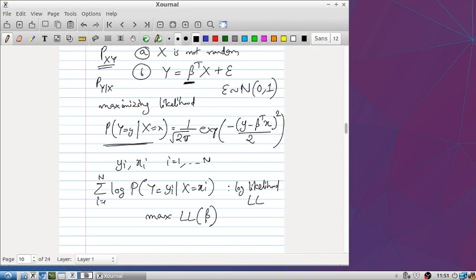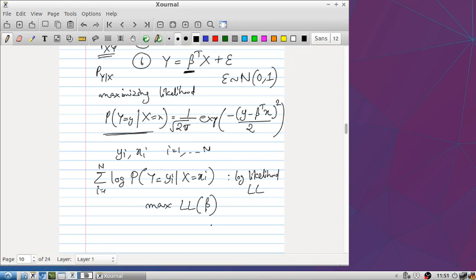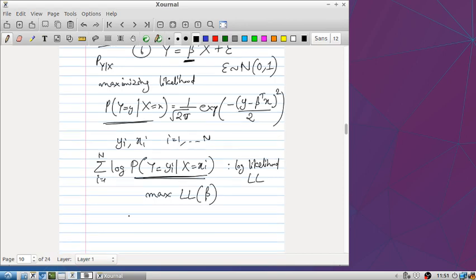And you can just substitute. So I just wrote down the definition over there. If you take the log, what happens is there's a negative sign, so you maximize over beta, take the log of the exponent, ignore the 1 by root pi, so you'll get minus yi minus beta transpose xi, squared, and there's also divided by 2, I guess, and there is a summation over i equal to 1 to n.